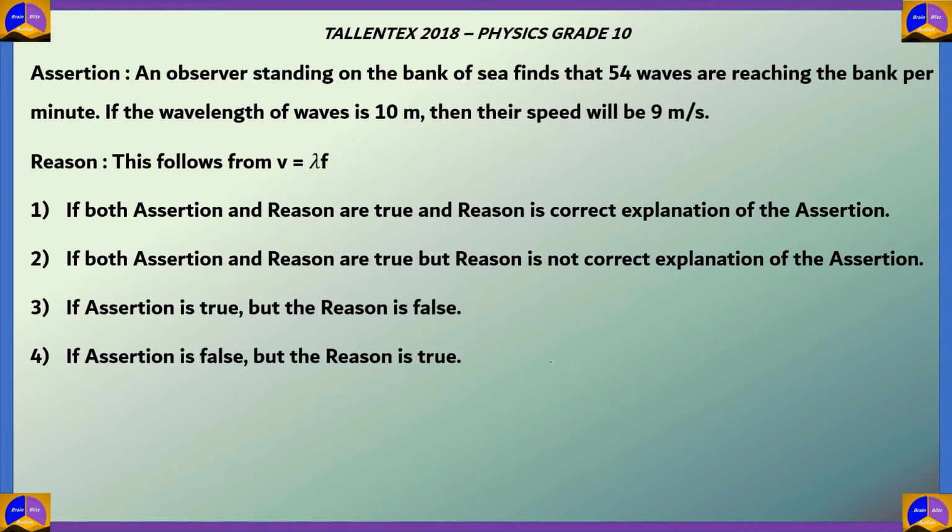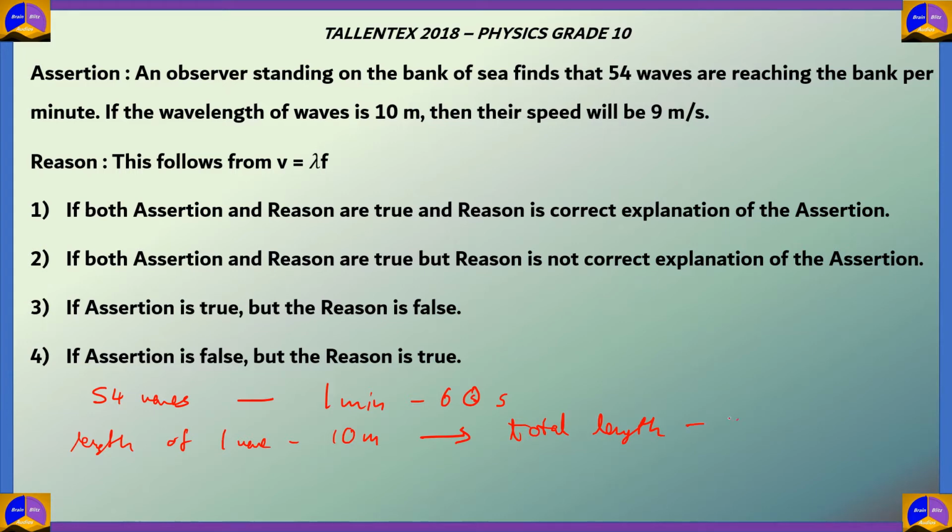Well, in this particular example, we know that 54 waves occur in 1 minute or 60 seconds, and the length of one wave is 10 meters. So that means the total wavelength will be 540 meters, because you have 54 waves times 10 meters. That gives you 540 meters.